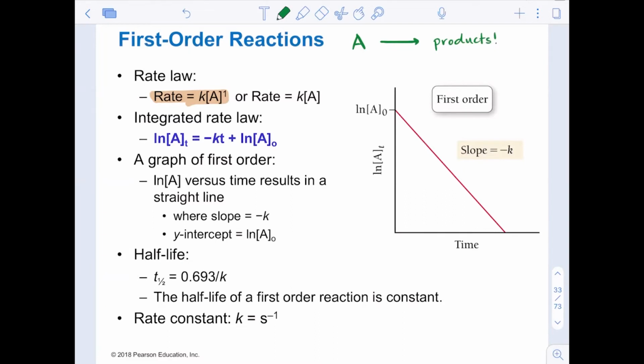The rate law can be integrated, and that integration results in this: the ln of A at time t is equal to negative k times t plus ln of A initial. This is the initial concentration of A.